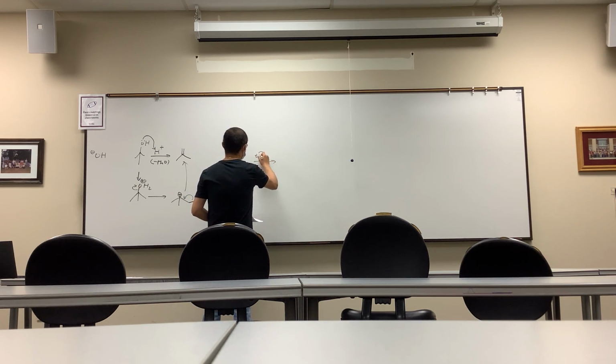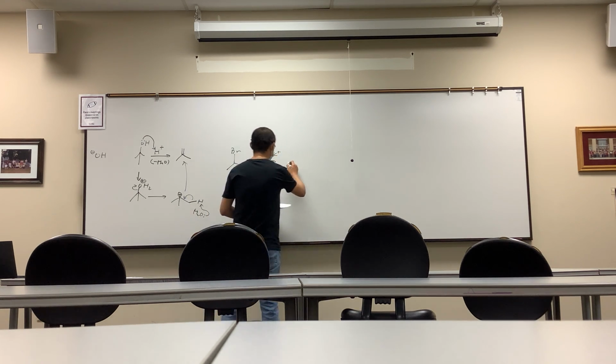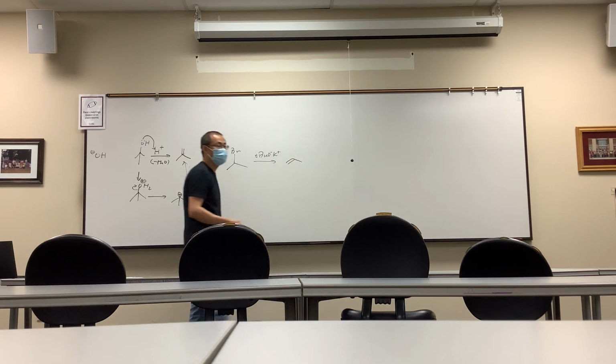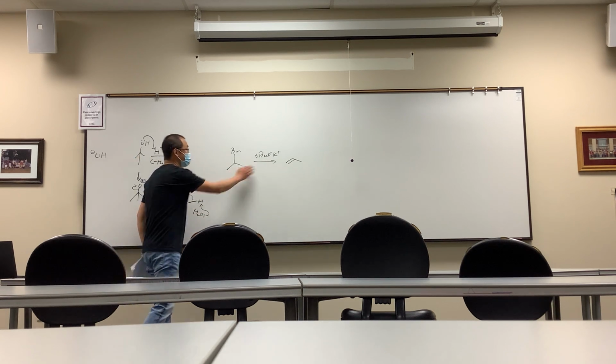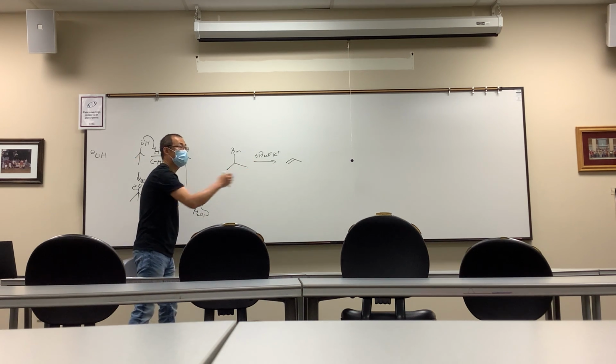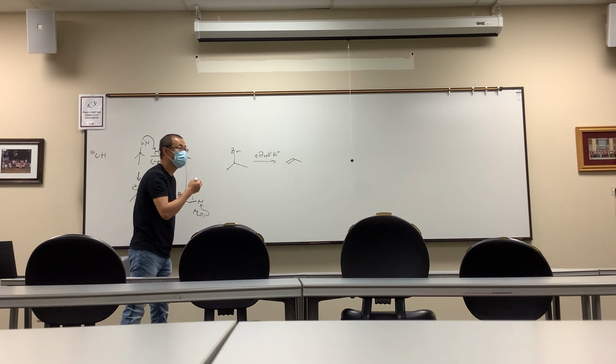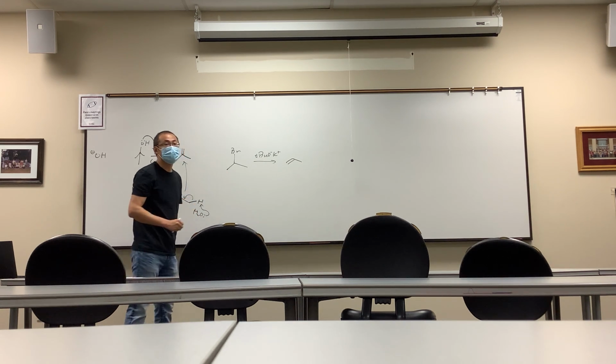Okay, second question. Again, guys, I'm showing this multiple times. We use a bulky but strong base. If it's a bulky, strong base, this reaction happens through what elimination, E1 or E2? E2. Why? Because it is a strong base. Strong base promotes E2.